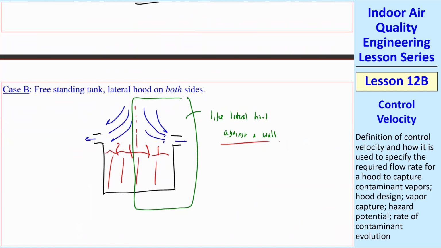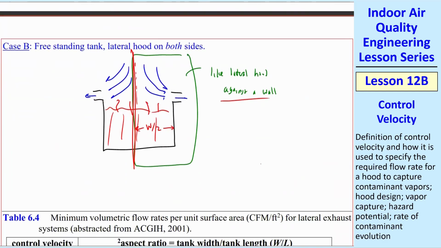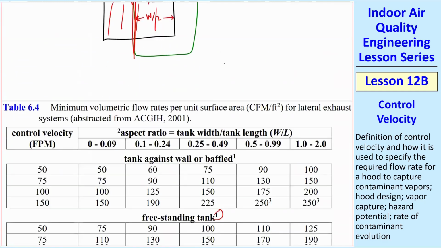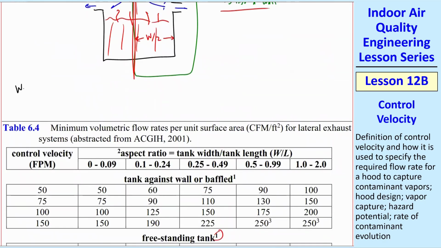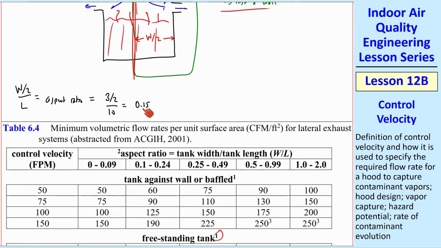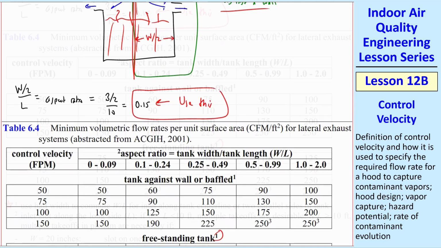And what they're really doing is saying this is like a lateral hood against the wall, where this is kind of your wall here, and that's your W over 2 instead of W. So the only thing different we have to do here is we say W over 2 over L is the aspect ratio. And so that turns out to be 3 divided by 2 over 10 equal 0.15. So we're going to use this instead of 0.3.